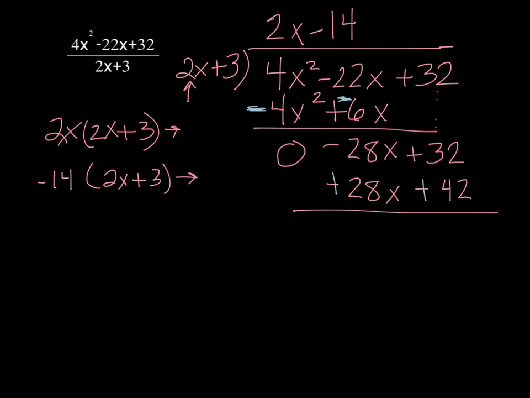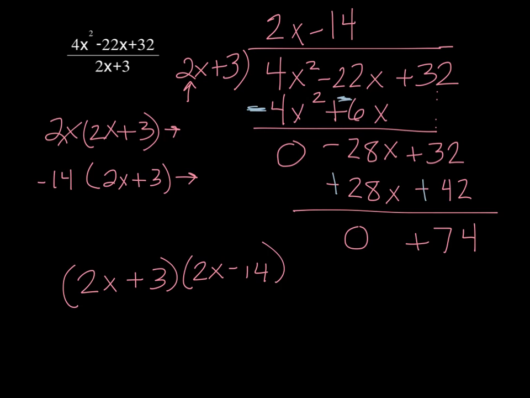And then I add: minus 28x plus 28x is 0, and 32 and 42 is 74. So our 4x squared minus 22x plus 32 can be written as 2x plus 3 times 2x minus 14 plus a remainder of 74.